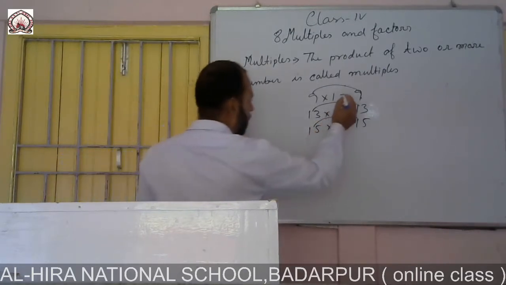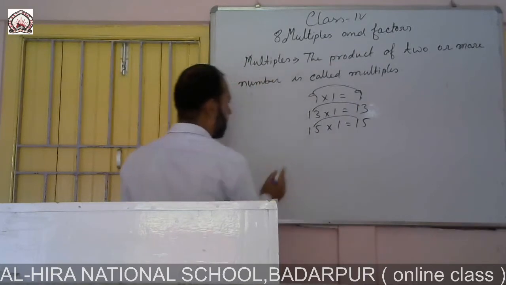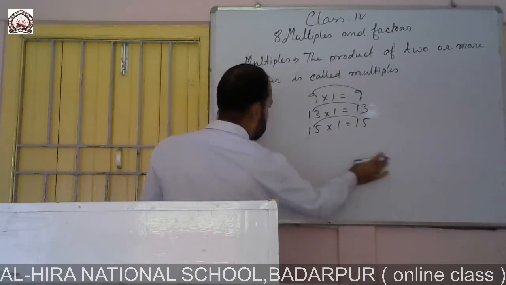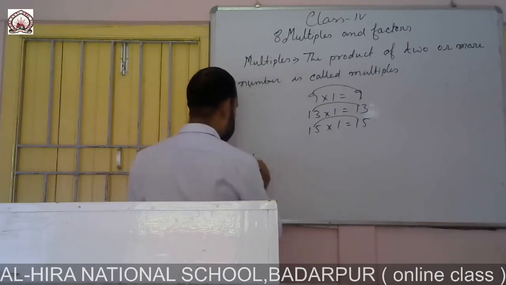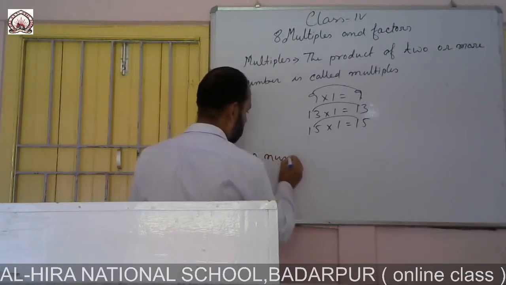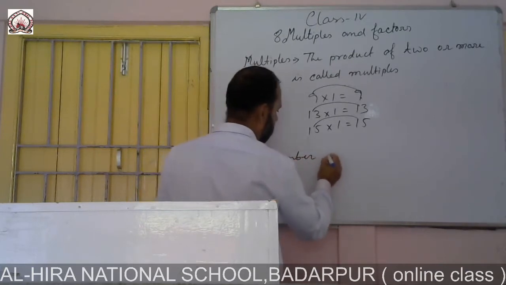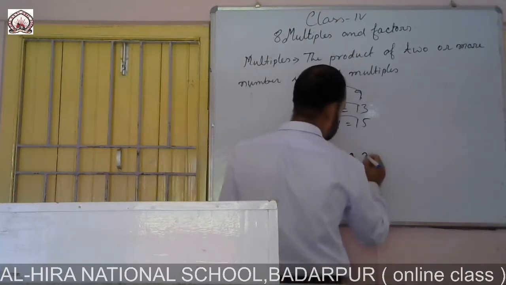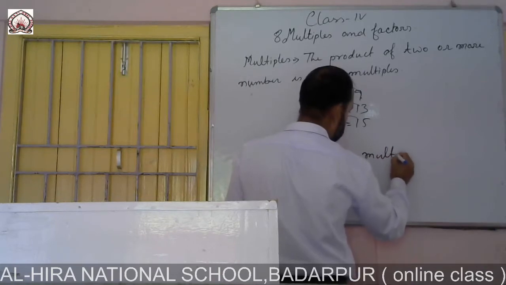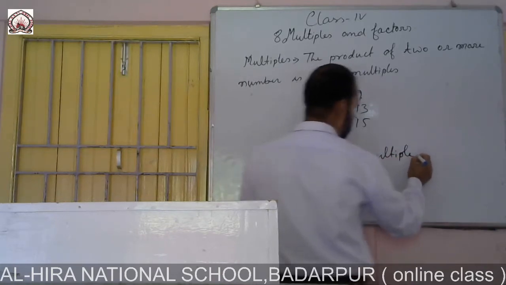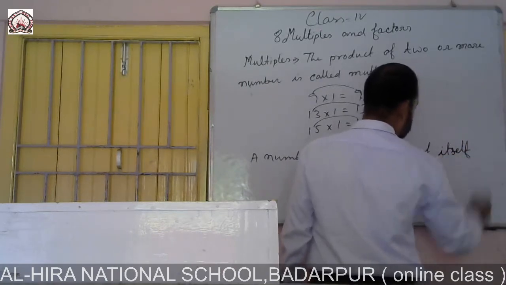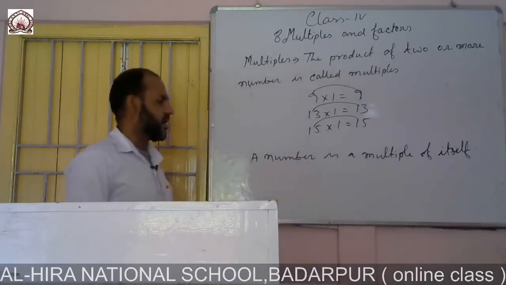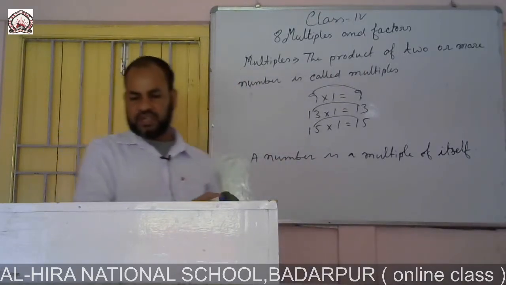So from the above example we found a number is a multiple of itself.